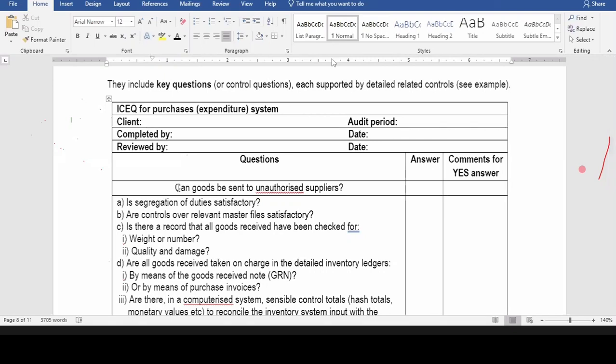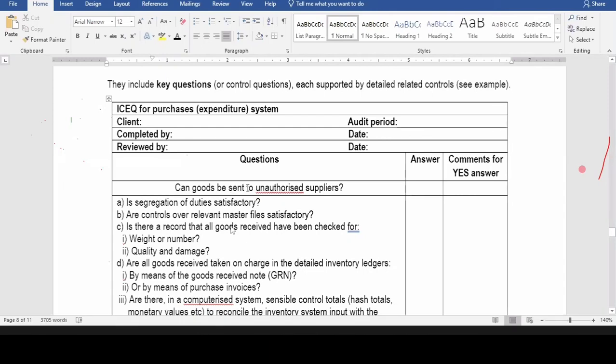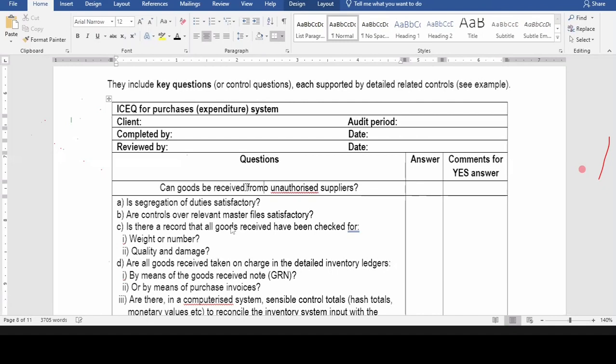So the question is, can goods be received from unauthorized suppliers? This question is phrased in such a way that it brings out a weakness or a strength.